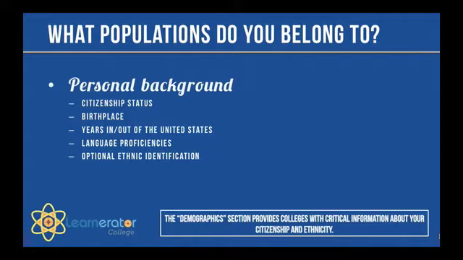And the reason why this is important in terms of the citizenship field is because if you're not a U.S. citizen, then your application will be pulled off into the international applicant pool, as opposed to if you are a U.S. citizen, then you'll be with all the other U.S. applicants as well. So that's the main difference there in terms of the classification of applications.